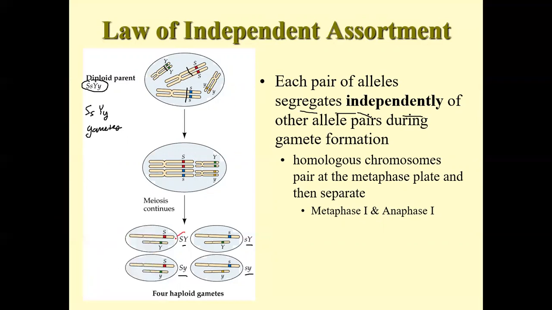If you look here at the bottom, you have one of each chromosome in your gametes. So to do that, I can do this FOIL method where one of my gametes, I'm going to distribute this S and the Y. So one gamete is going to be big S, big Y. I'm going to distribute that to the other one, big S, little y.